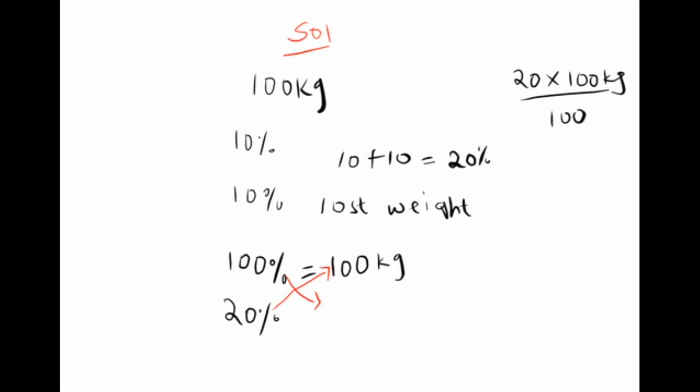Then from there we simplify. These zeros will cancel with this 0. We get 20 kilogram. So the weight which was lost is 20 kilogram.